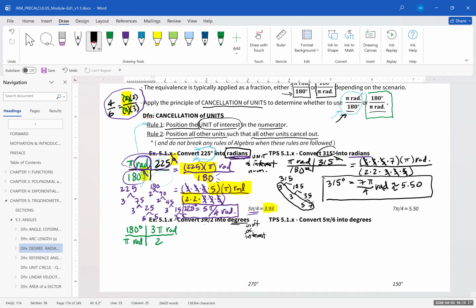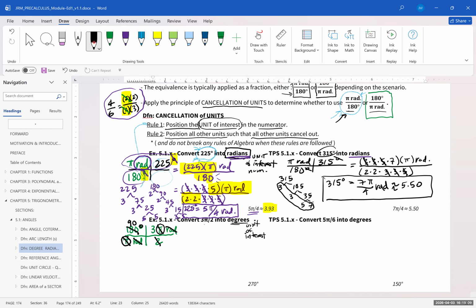And radians will cancel with radians, leaving us with just degrees left over. And we can go ahead and maybe divide 2 into 180. That'll give us 90. And we have pi in the numerator here, which will cancel with pi in the denominator there.